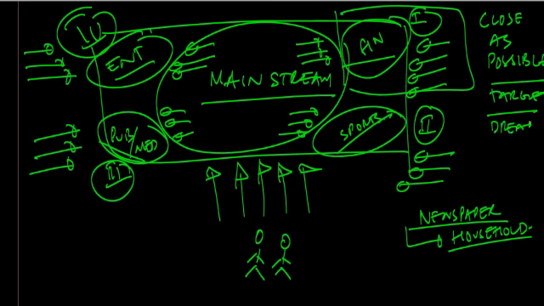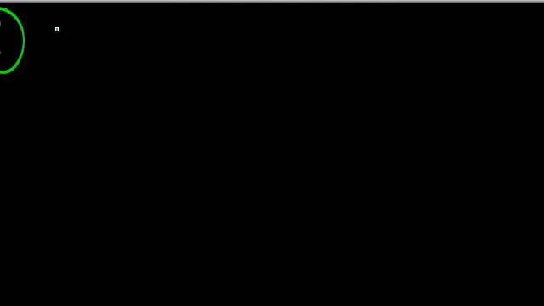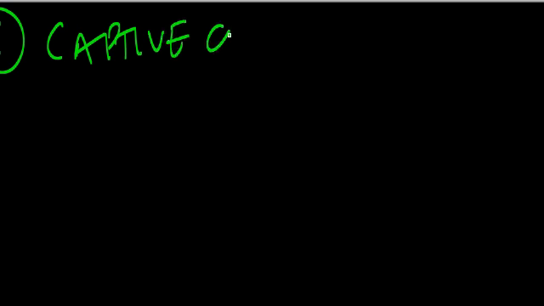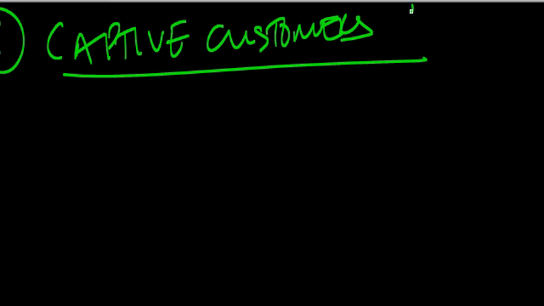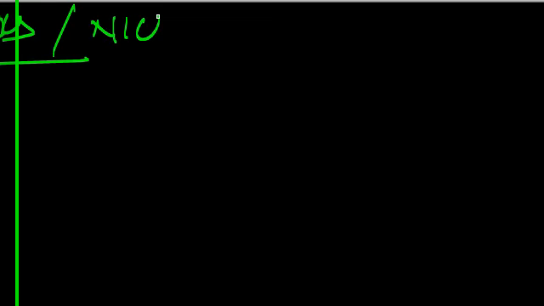You'd be able to give them what they want without sacrificing too much by focusing on the mainstream, right? So if you extend this analysis, the second competitive advantage that is possible, and that's actually quite common, is what we call captive customers, or the power of a niche market.